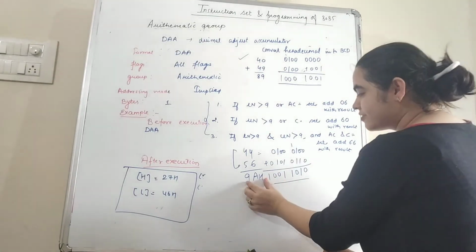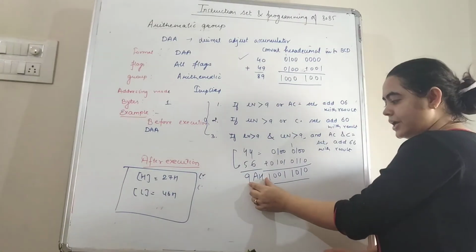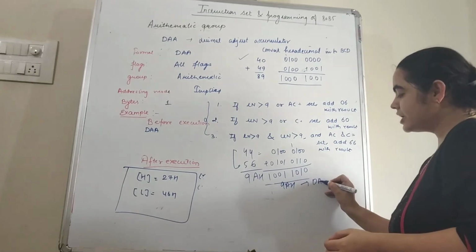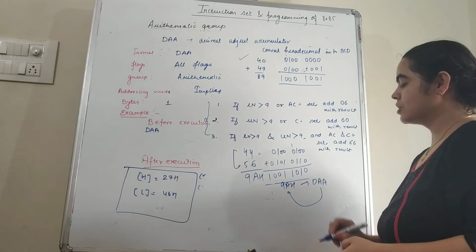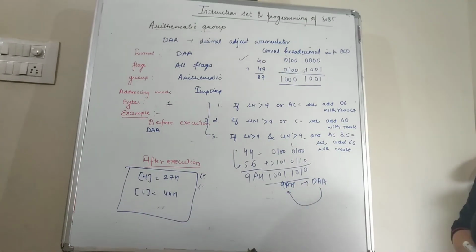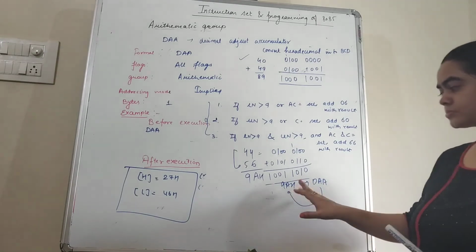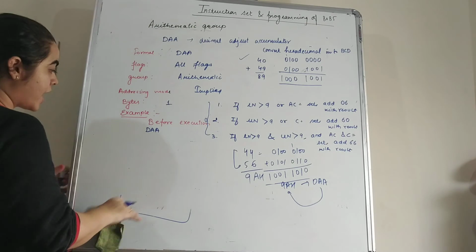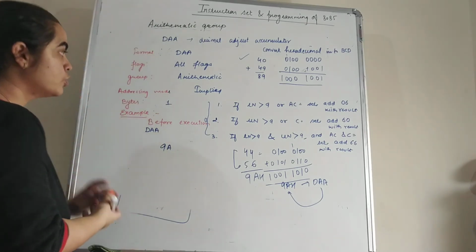Now students, after getting the result 9AH, we have to apply DAA on this result, to convert this number into BCD code. You can see here 9AH, and now you can see the rule.